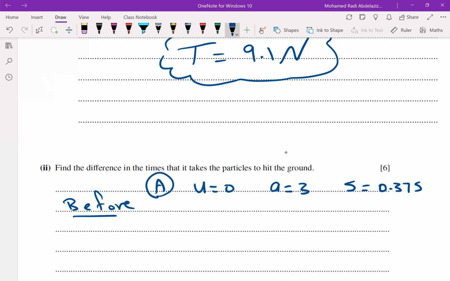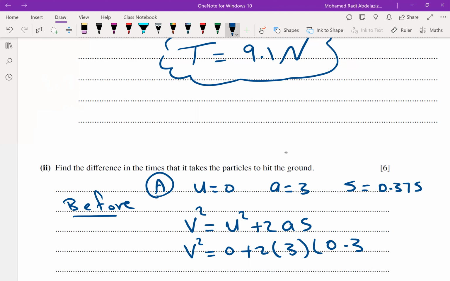You can find the time and you can find the final velocity. The final velocity: v squared equals u squared plus 2as, with initial velocity 0, acceleration 3, displacement 0.375.